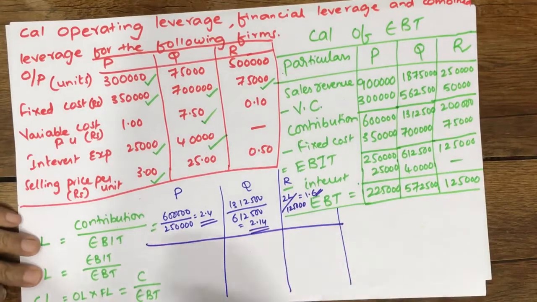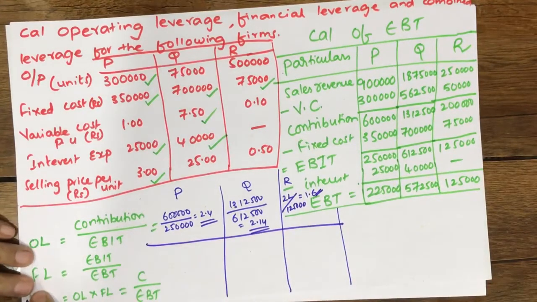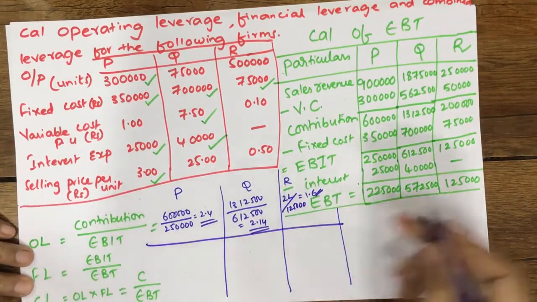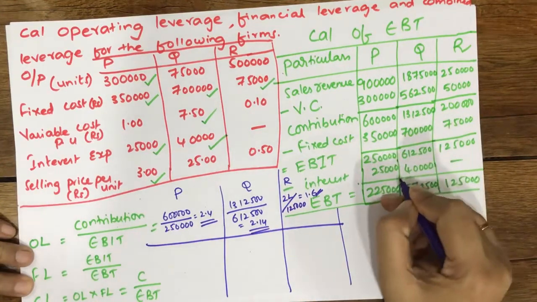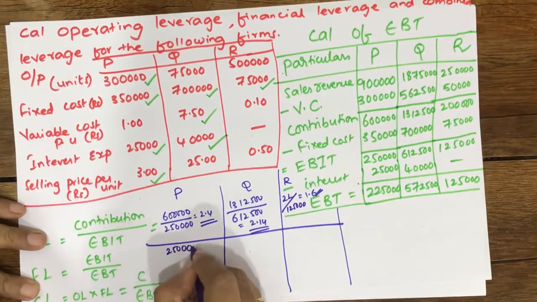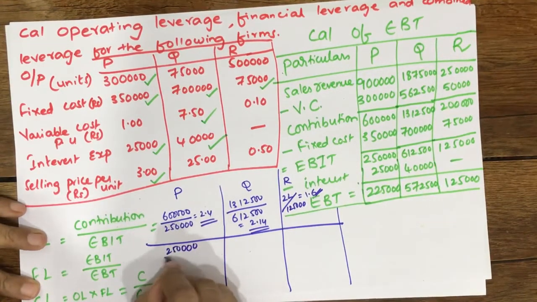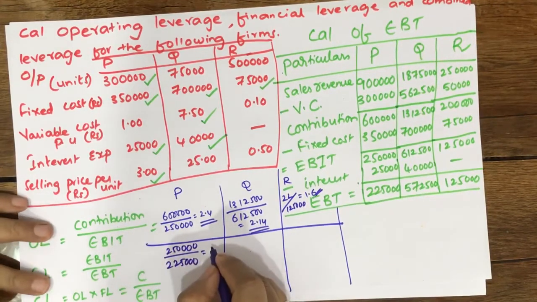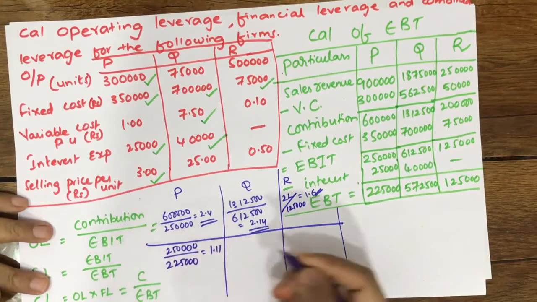Now financial leverage. The formula is EBIT by EBT. Let us substitute: for firm P, 2,50,000 divided by 2,25,000, which is equal to 1.11.